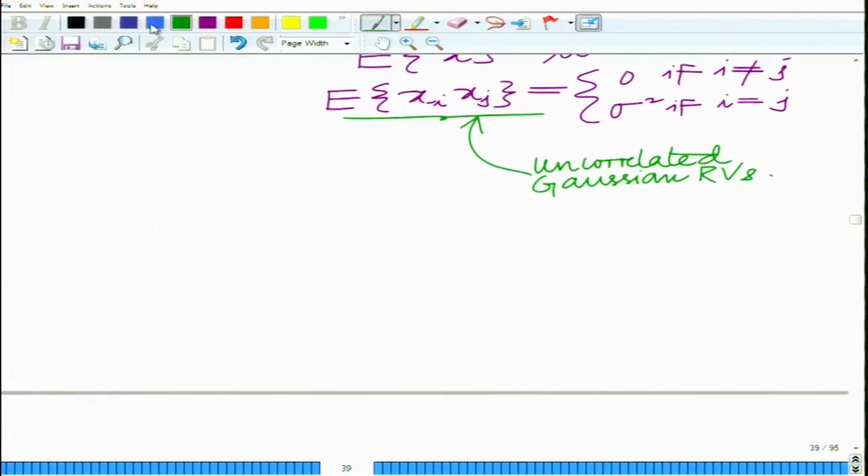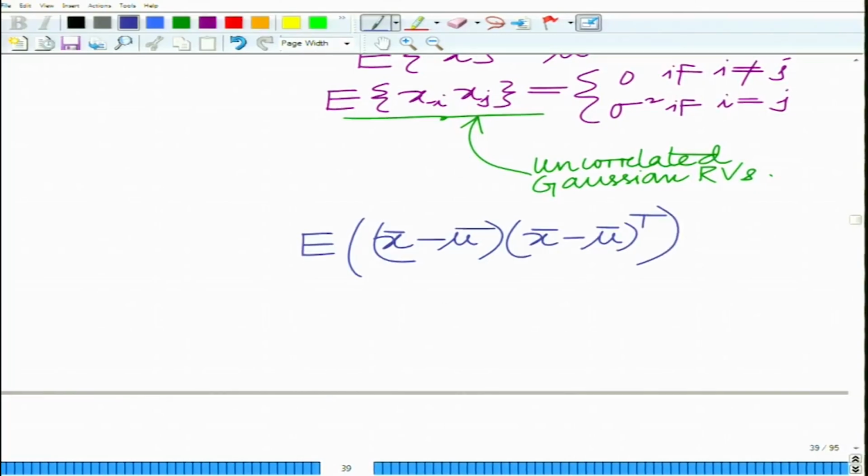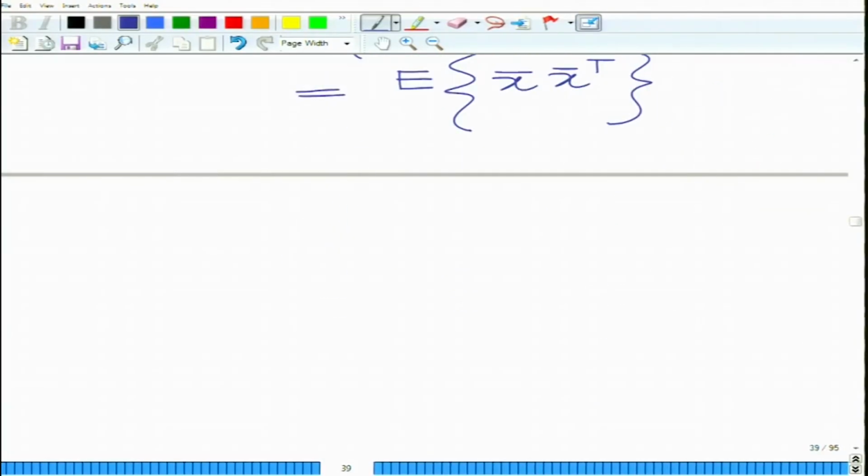Now, if you compute the covariance matrix of this, that will be given as, well, we have already seen, x bar minus mu bar into x bar minus mu bar transpose. Now, mu bar is 0. So, this will simply be the expected value of x bar into x bar transpose. Let me write it in terms of its vector.